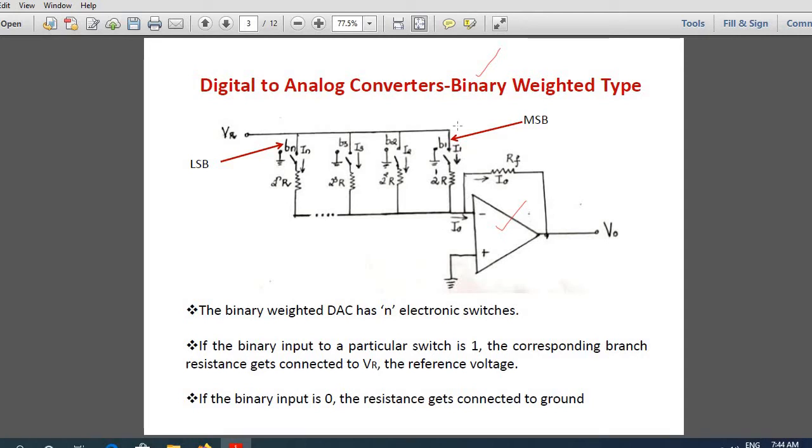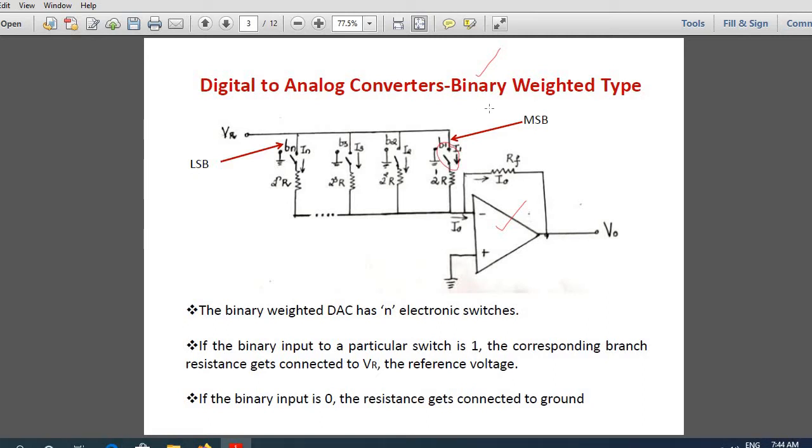Now, in this circuit, for the binary weighted type DAC, there are n number of switches. Look here, B1, B2, B3, B4. This is a switch actually, right?